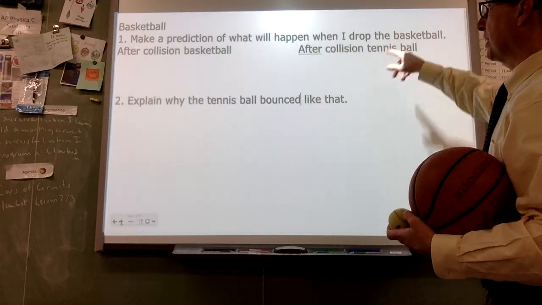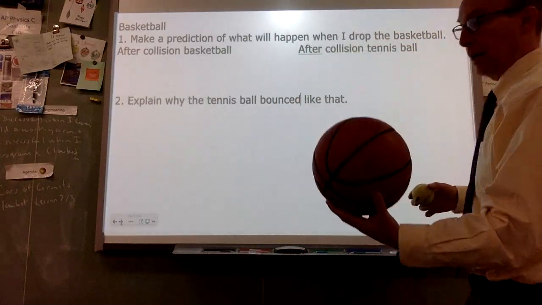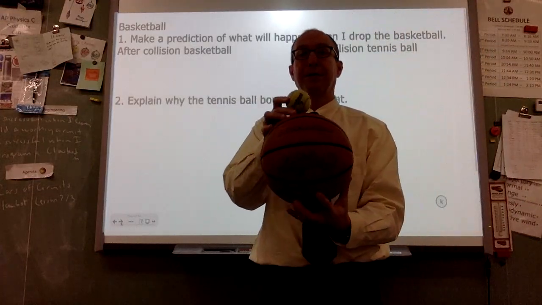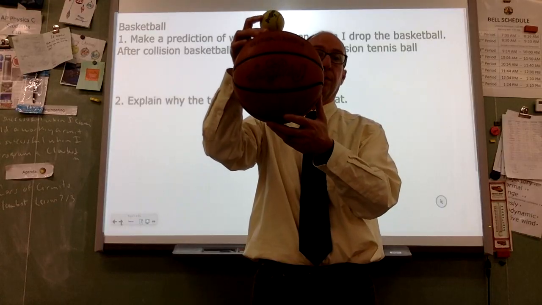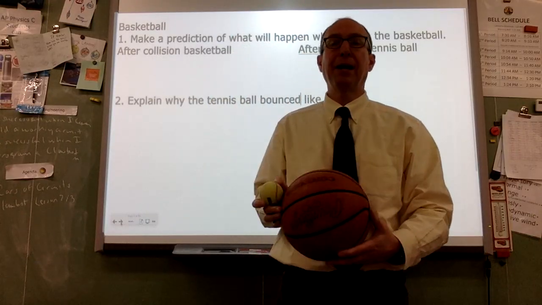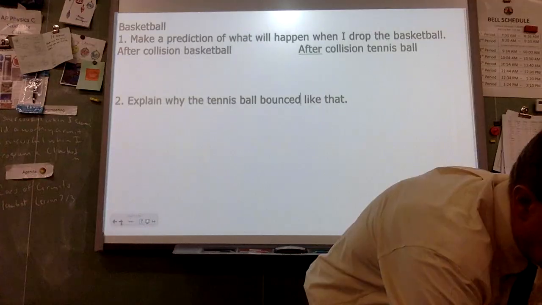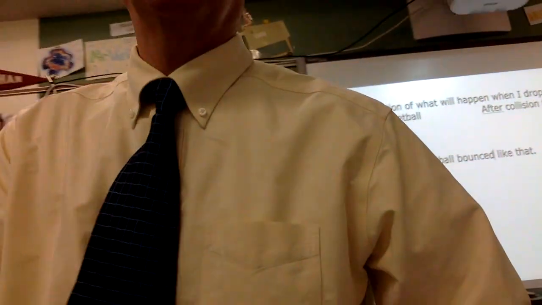So what do you think will happen if I drop the tennis ball on top of the basketball from the height? I'm going to put you guys back a little bit so you have a better view of how high it goes.